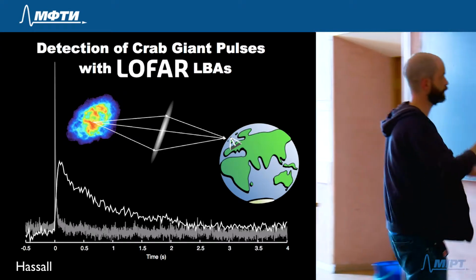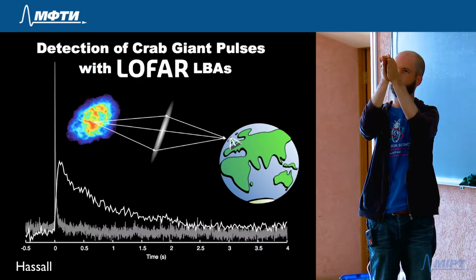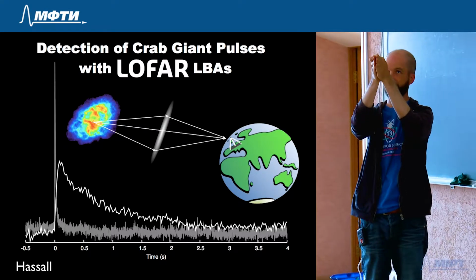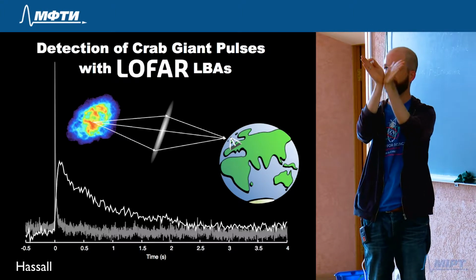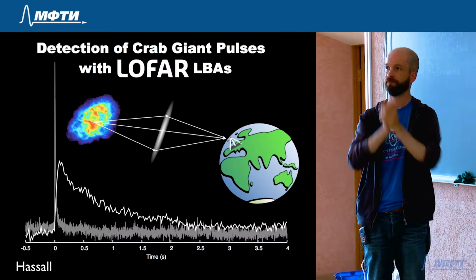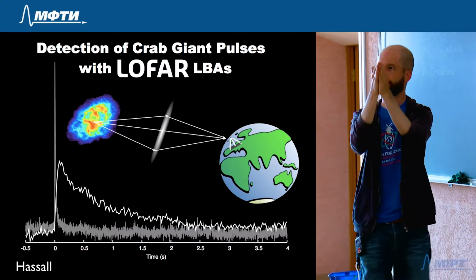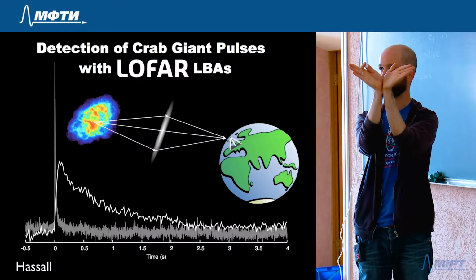So if you're at higher frequencies, you can think of it as kind of a scattering cone. If you're at very high observing frequencies, the maximum bending that you can get is quite limited. So you're only getting rays that are coming from a very narrow opening angle. But as you go to lower and lower frequencies, refraction can become stronger and stronger, and you can have a larger and larger opening angle for the scattering. So what you're doing is you're probing a larger angle of emission as you go to lower frequencies.